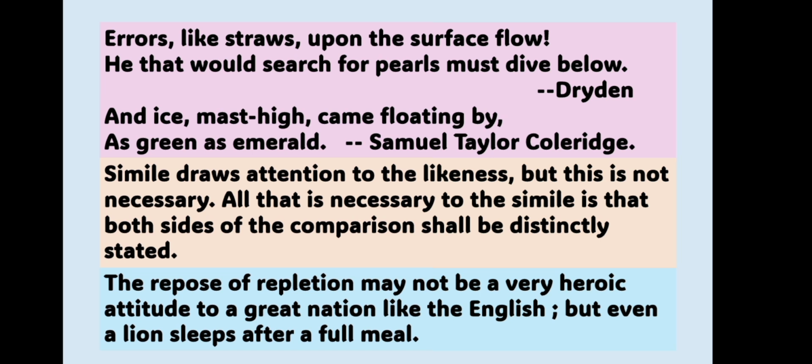From the above examples, it will be seen that a simile is introduced by some words such as like, as, so, which draw attention to the likeness. But this is not necessary.